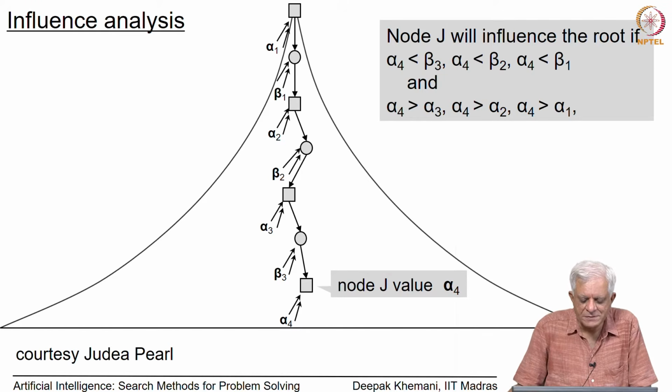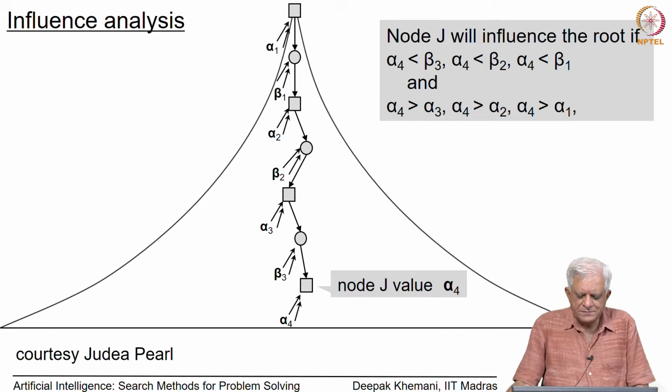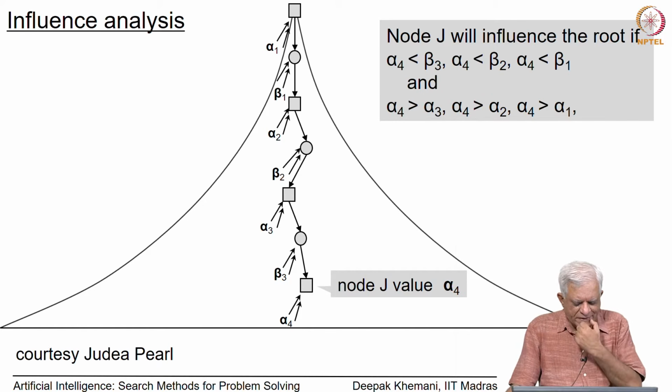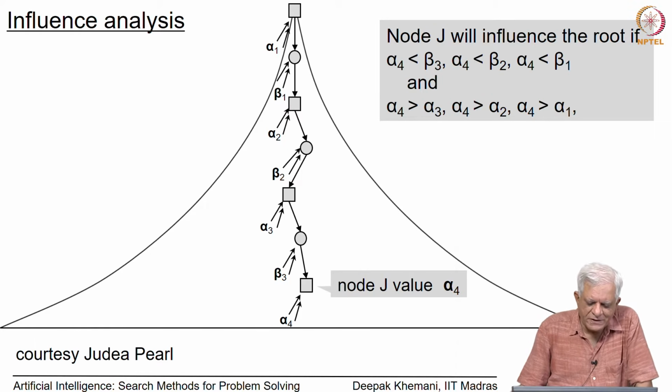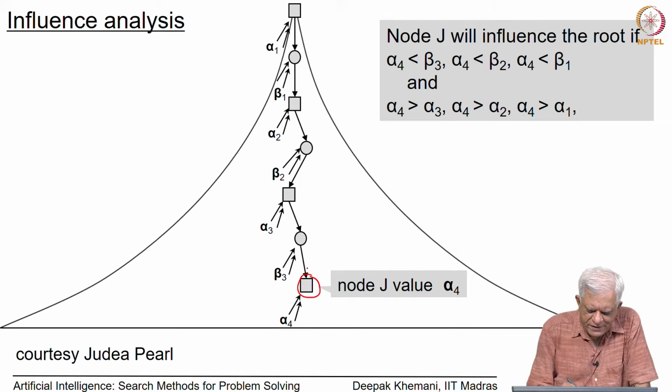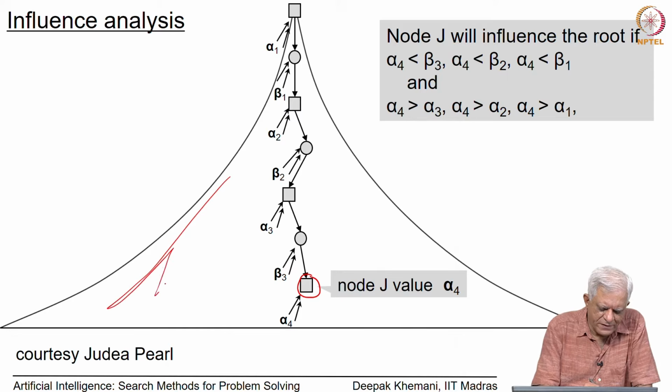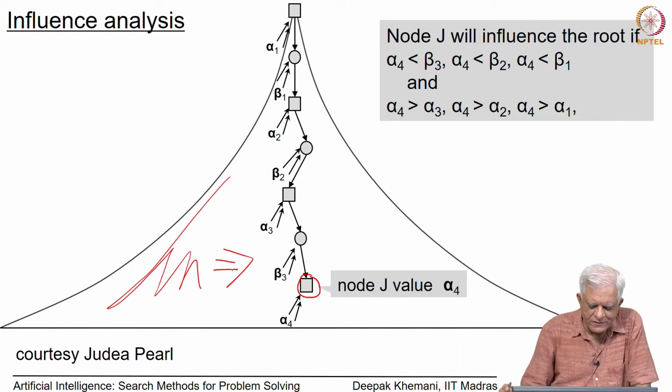alpha beta algorithm. So, if you remember, we had said that if we are evaluating a particular node which is j, and remember that that first algorithm is sweeping this thing and going towards the right from left to right.